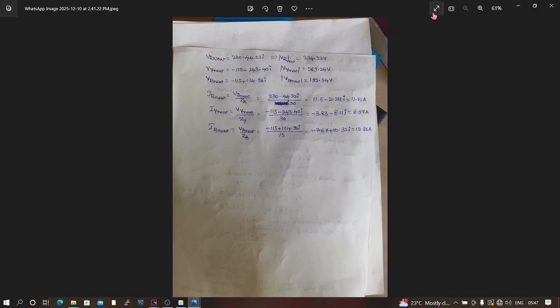After getting the new phase voltages, the magnitude of VR new is 234.22, here it is j. Next the VY value you are going to get is 269.24. If you observe, whenever you subtract, the values increase. This is the rectangular form, 230 minus 44.22 j, and if you take the polar form you will get this magnitude.